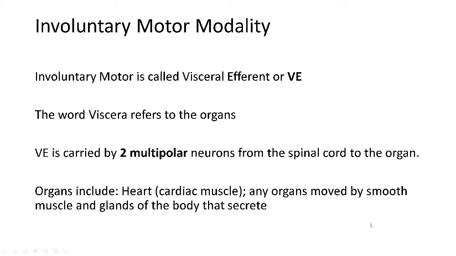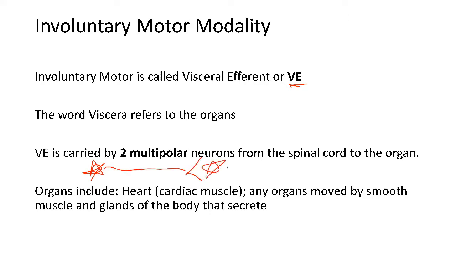Involuntary motor is called visceral efferent, or VE. Visceral refers to the organs. So we talk about the visceral reactions, or we talk about the viscera. So it's VE. We have two multipolar neurons in order. So if I were to draw that, I would have one star here and it would go out. It would make a connection, which I draw with a kind of caret.